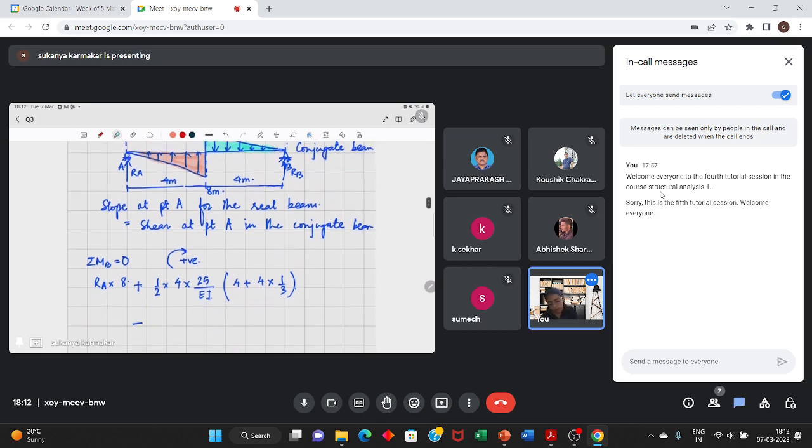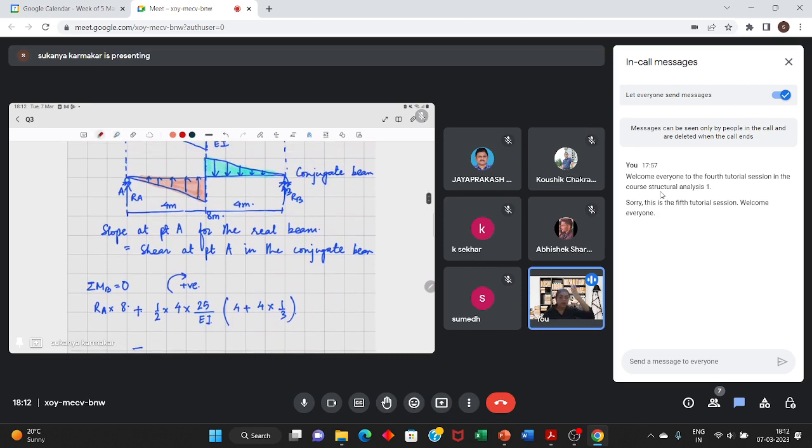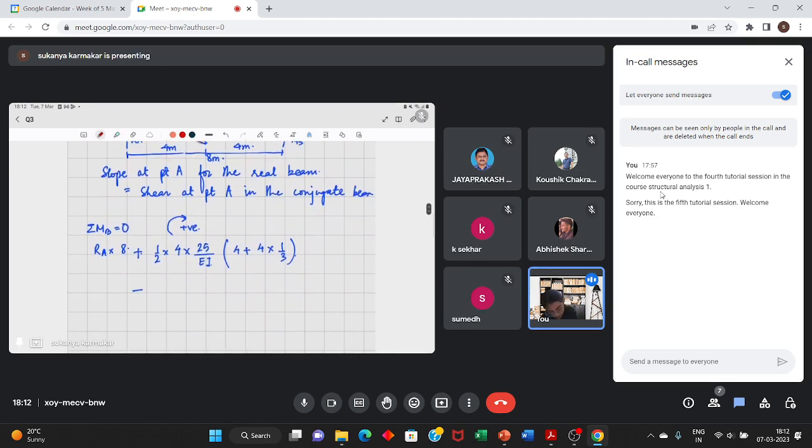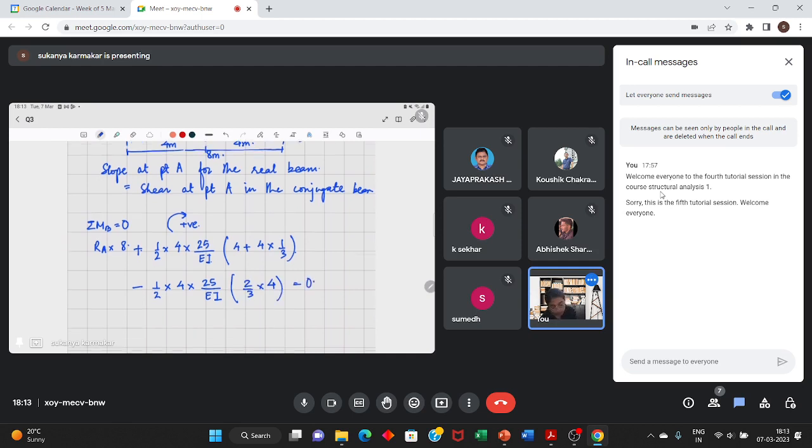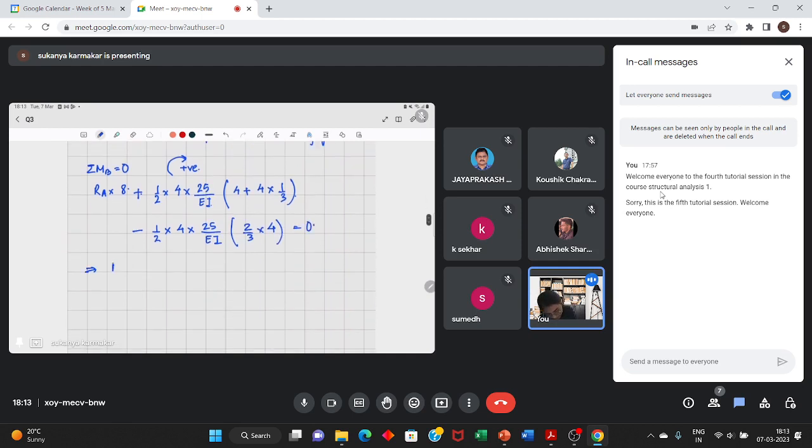For this triangle, this load is acting in the downward direction, so it is creating an anti-clockwise moment about point B. So that will be minus half into 4 into 25 by EI and the lever arm is 2/3 into 4. So this is equal to 0. So now I solve this and get the value of RA.